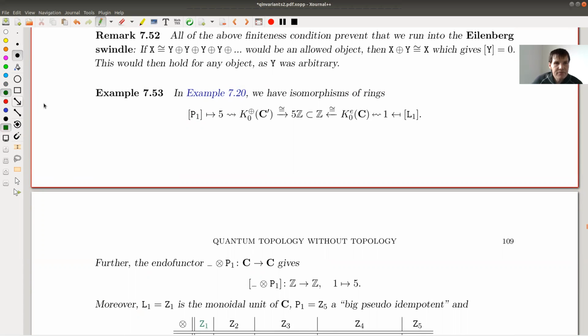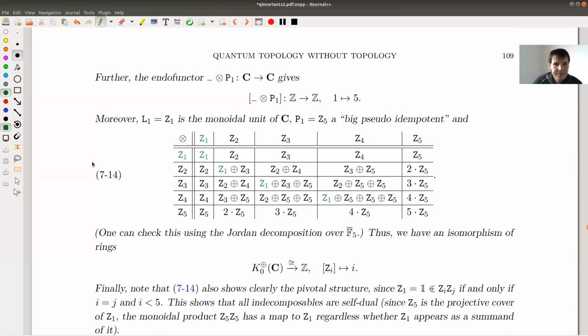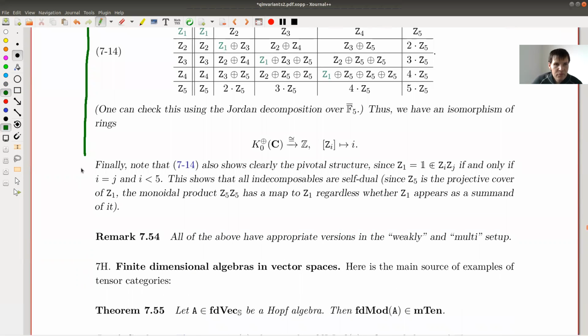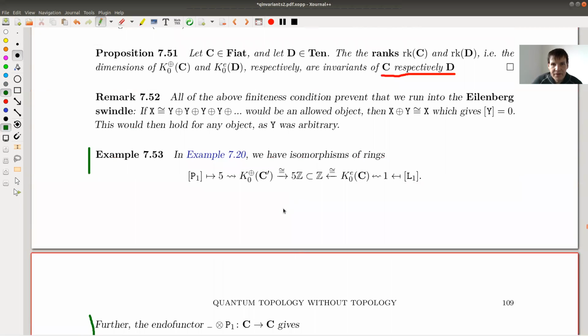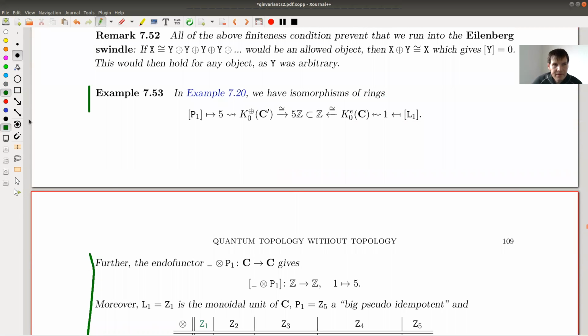Let me run you briefly through this example, where I have written down the multiplication table on the Grothendieck group in my favorite example. What was it? F5, Z mod 5.